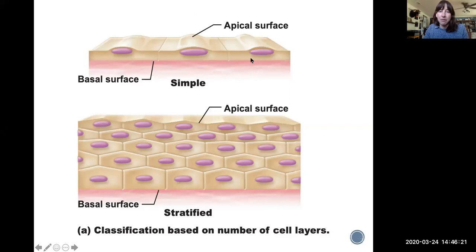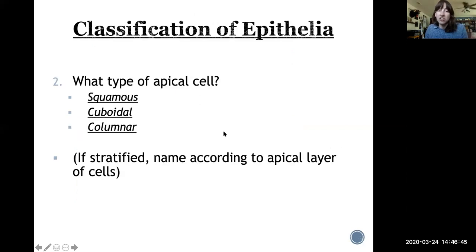Compare that to stratified epithelium, where you have multiple layers of cells, the bottom ones of which touch the basal membrane and the top ones of which make up the apical surface. And then you've got a bunch in between. And in this epithelial tissue, they're all touching each other.